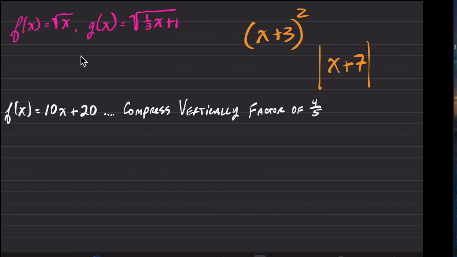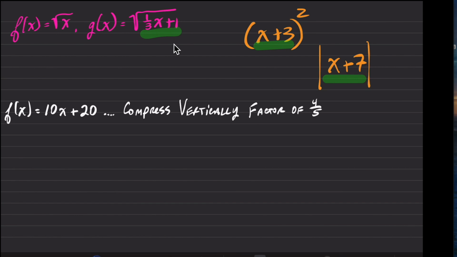These are examples of the parent function where what's within the parentheses, within the absolute value signs, in the radicand under the radical, these are all inside of the function.